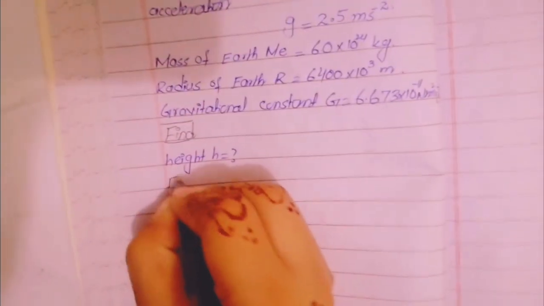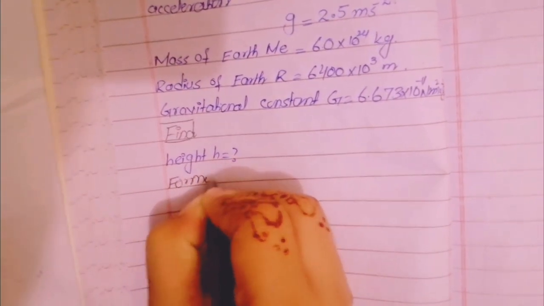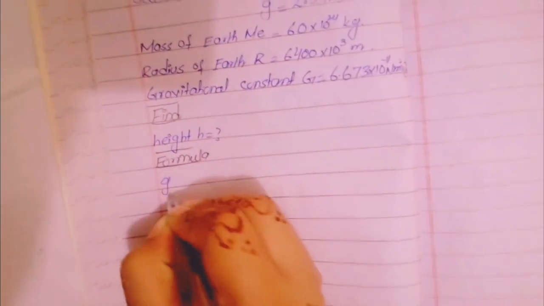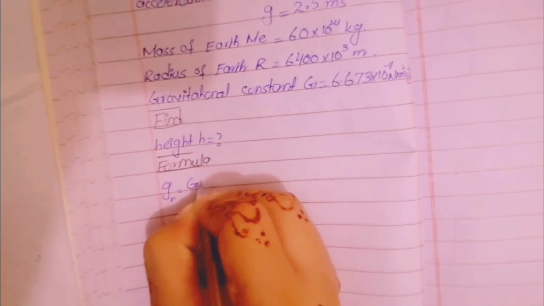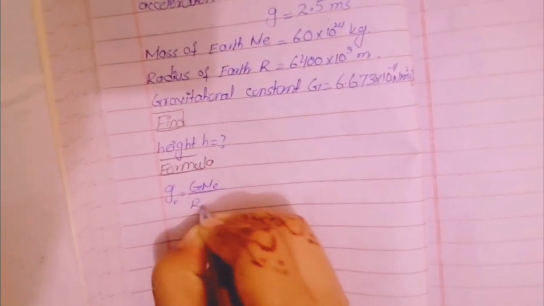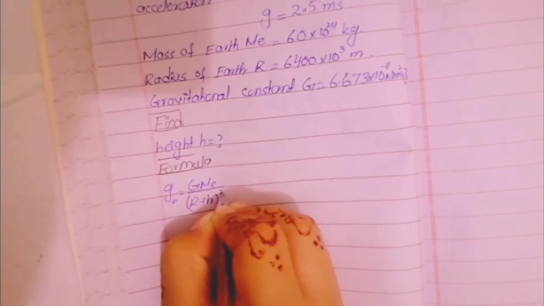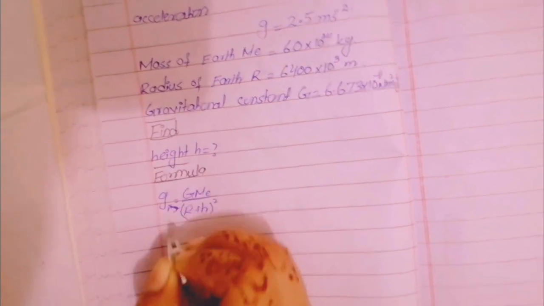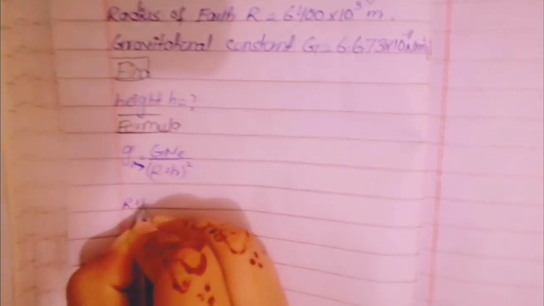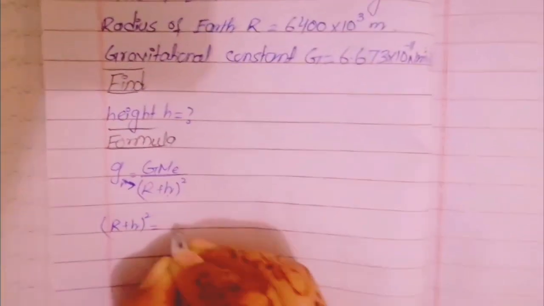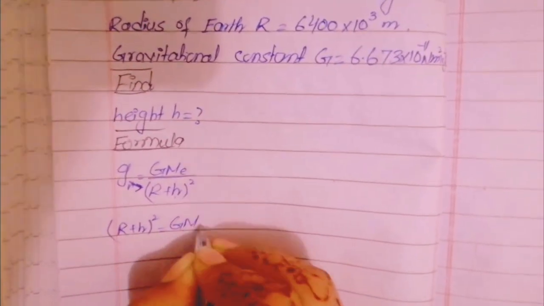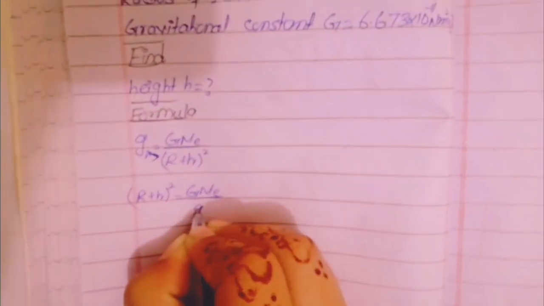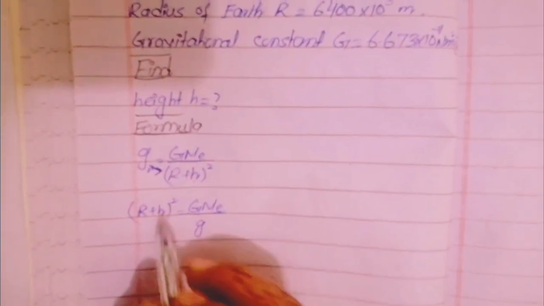For this we will use the formula of g. g is equal to G M over (R plus H) whole square. Now we will rearrange the formula because we have to find the height. (R plus H) whole square is equal to G M E over g. To remove the square, we will take the square root on both sides of the equation.